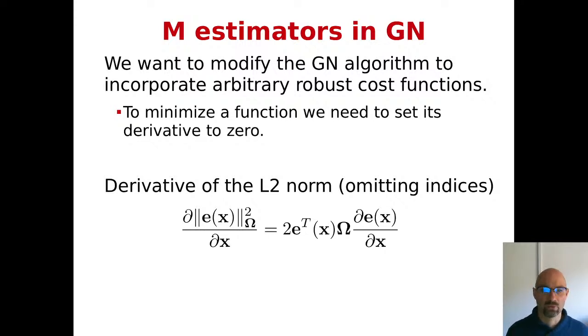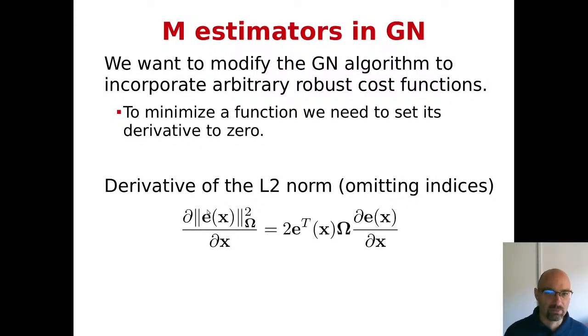Gauss-Newton implementation. Now it's quite straightforward that the derivative of the L2 norm is this one, because this is the derivative of the square, which is 2e. Then you have to think about e transpose omega e, and so the derivative will become twice e transpose omega, times the derivative of the argument.